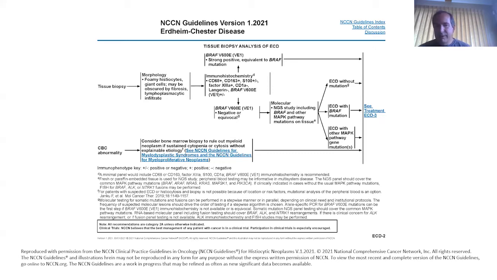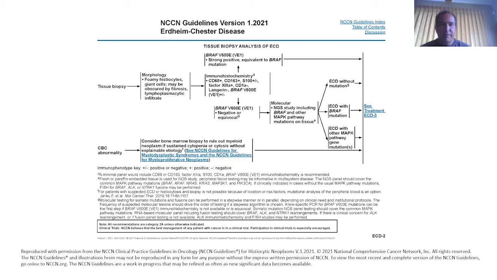And then obviously if there's involvement of areas like the nervous system or the cardiovascular system, those can be challenging areas to biopsy. So sometimes obtaining sufficient tissue to perform all the tests that we hope to perform can be a little bit problematic. But the hallmark feature on a biopsy of ECD are these foamy, lipid-laden histiocytes, giant histiocytes called Touton cells.